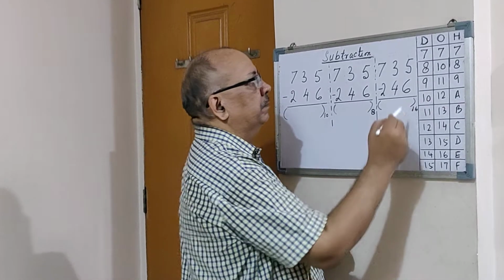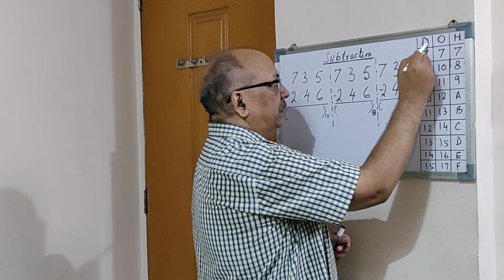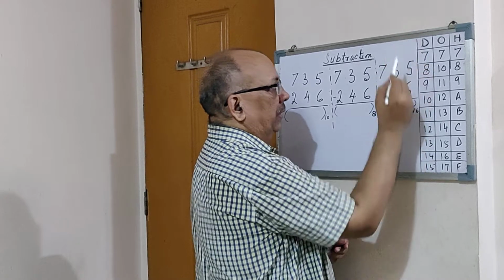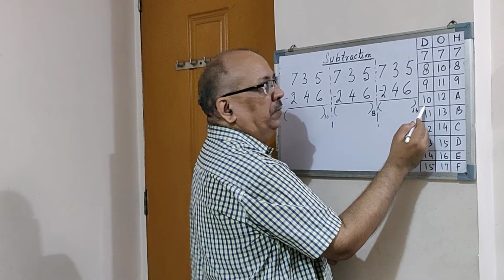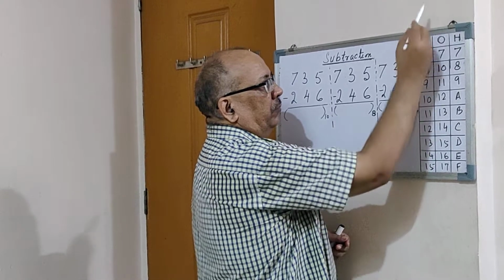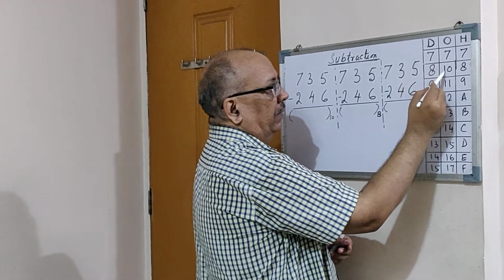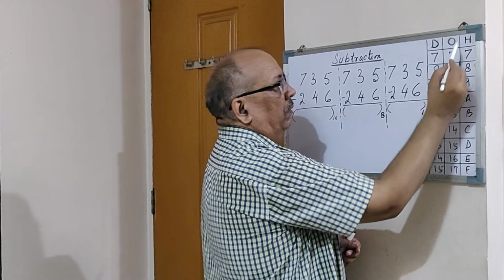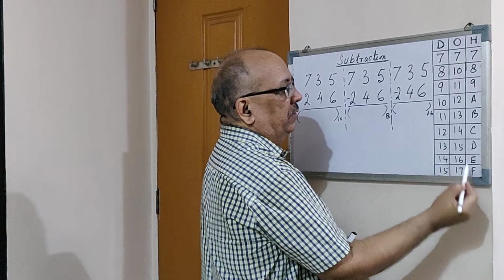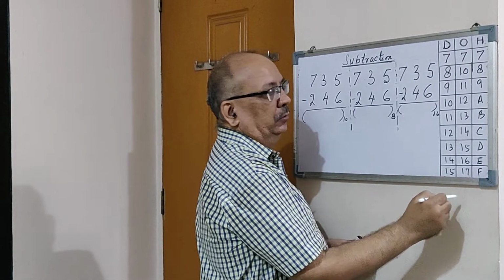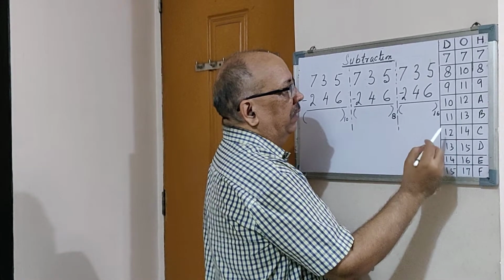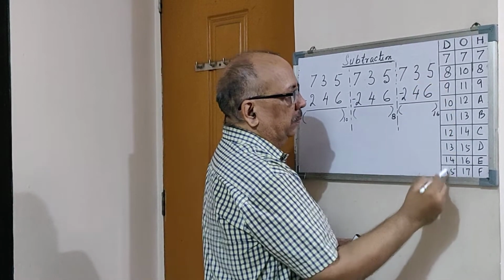That means in decimal we have digits from 0 to 9 and then 10 comes. In octal we go from 0 to 7, 8 digits in all, and then we come to 10. In hexadecimal we reach till F and then we get 10.